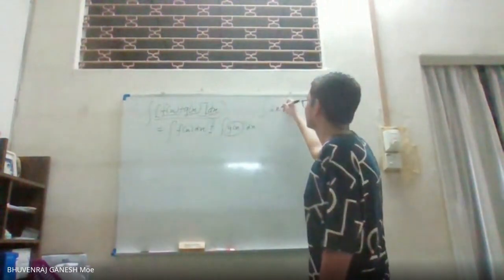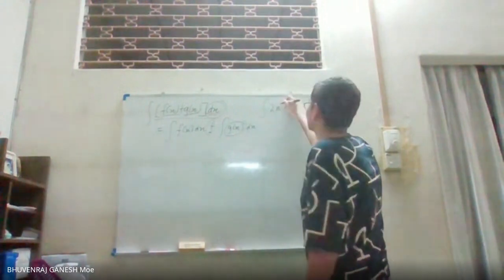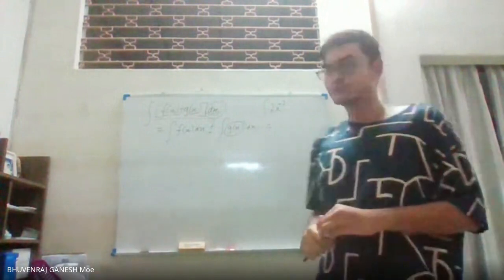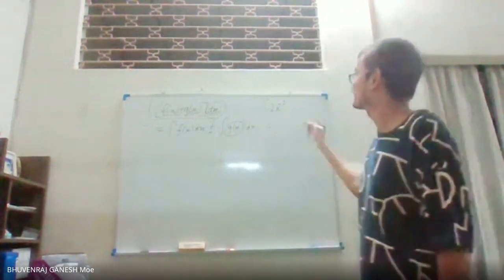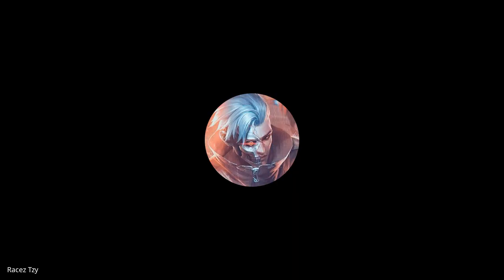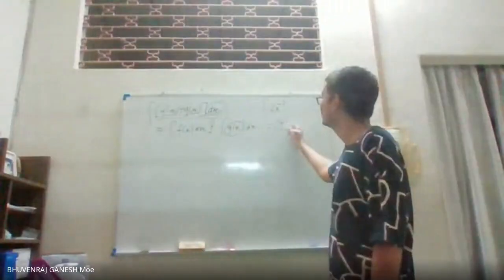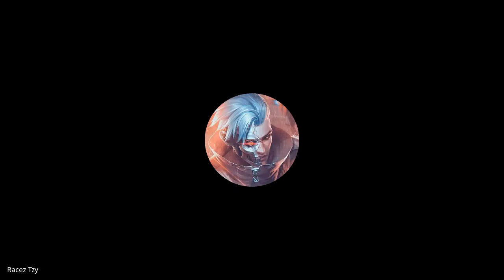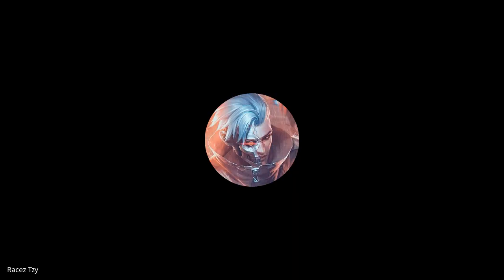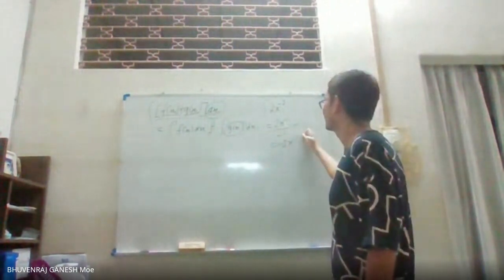Integrate 2x power negative 2. What will you get? It means you get 2x power negative 1. Yeah, correct. Over negative 1. Yeah, correct. Then what do you add? Plus C. Yeah, correct. So your final one is negative 2x power negative 1 plus C.